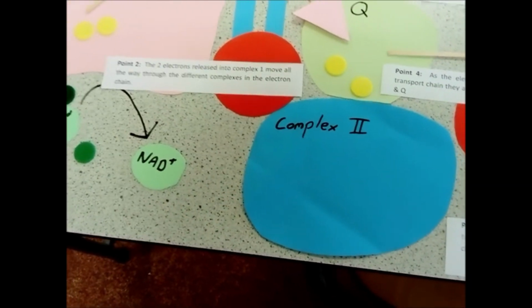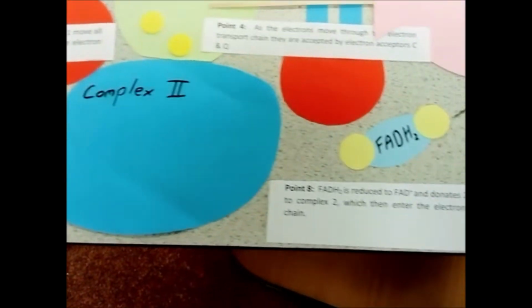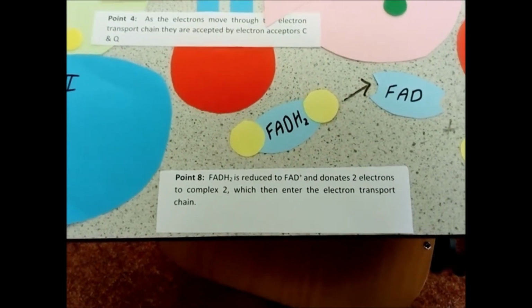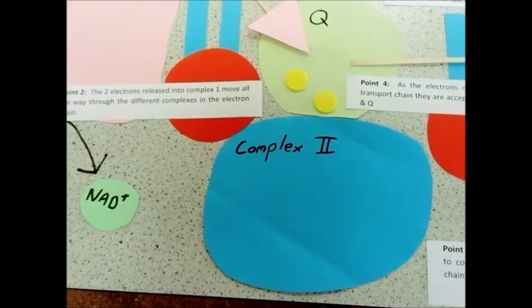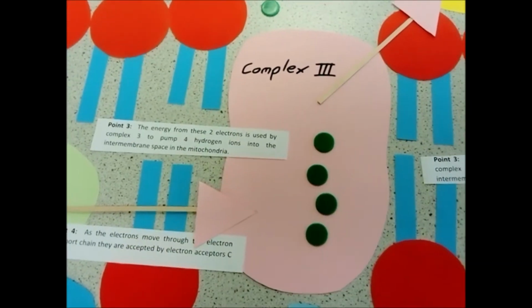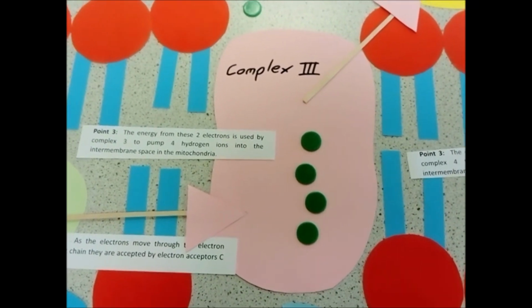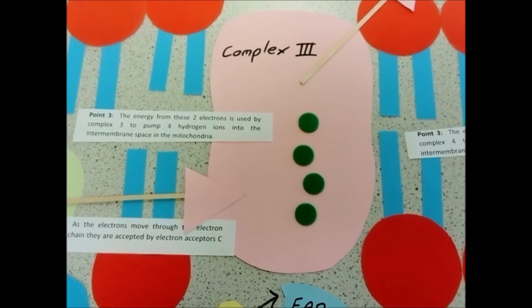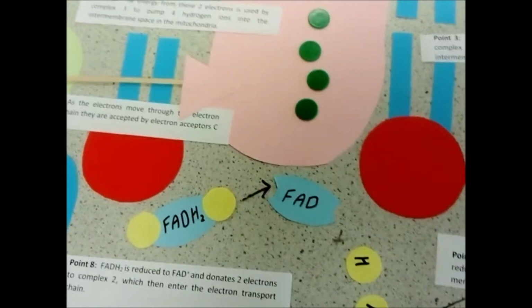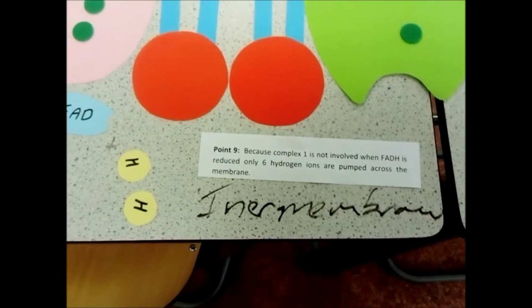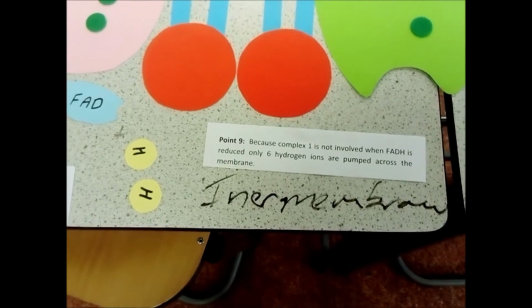In complex 2, 2 electrons from FADH2 from the Krebs cycle are donated and move into complex 3. In complex 3, this provides the energy for 4 more hydrogen ions to be moved into the inner membrane space of the mitochondrial cyste.